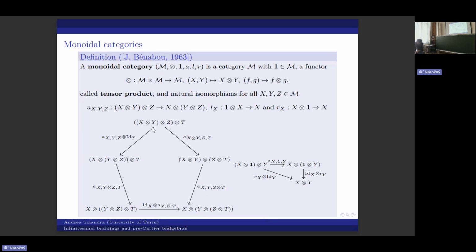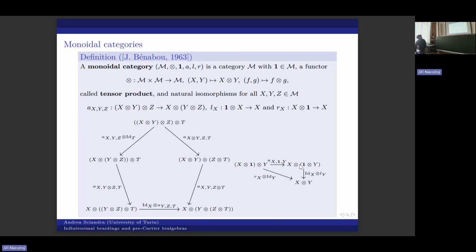So you can first fix T and change the parentheses here, then do the associator with object X, Y tensor Z, and T, and you arrive here, and then fix X and change the parentheses here, and you arrive in this object here, or you just use associator with object X tensor Y, Z, and T, and then again associator.